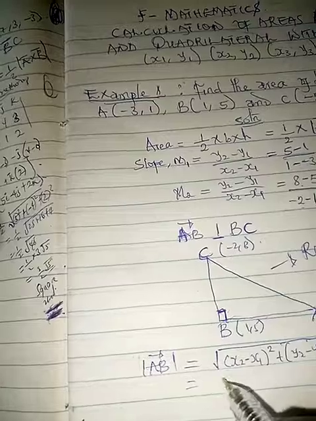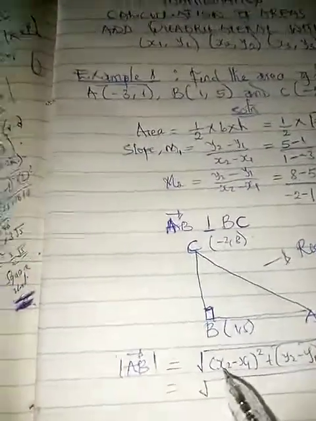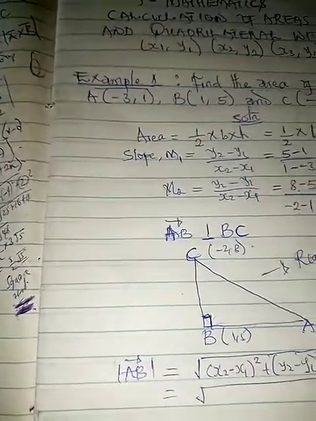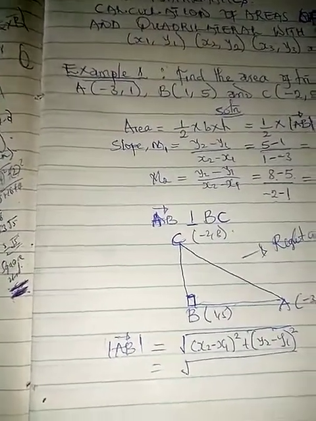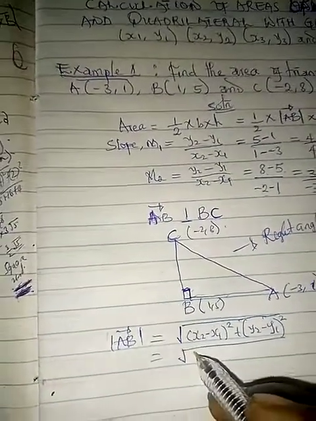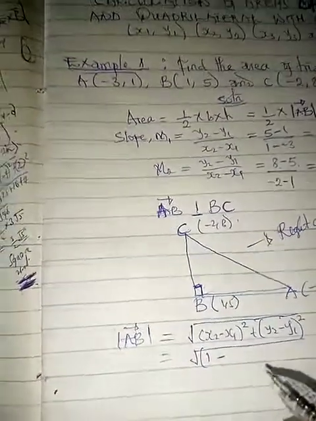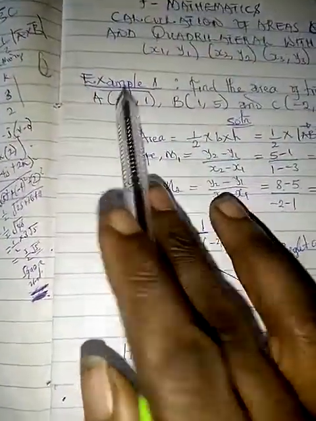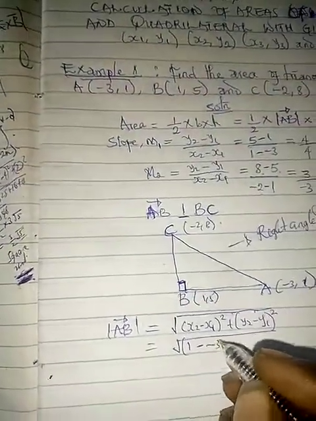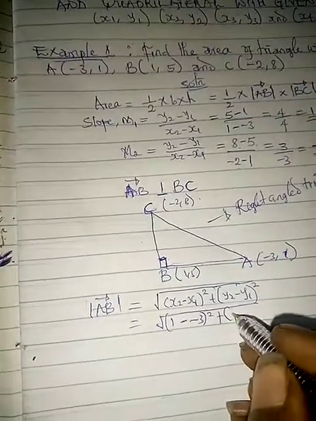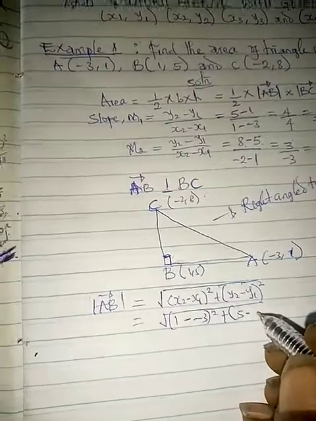So what is x2 of length AB? x2 of length AB would be 1. I prefer putting it back here. Minus, what is x1? x1 is minus 3. You can see it's here. Minus 3. I will not show you again. I will just pick those values. Then y2 is 5, minus y1 is 1.